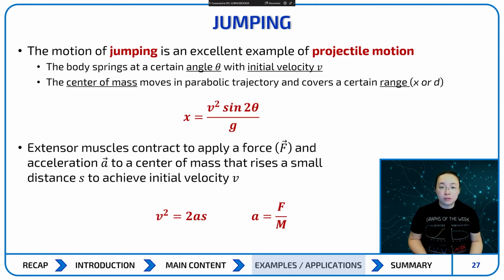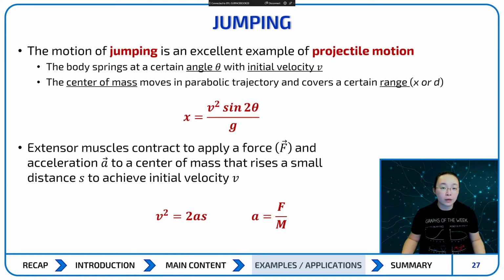Now, extensor muscles: when you're jumping, you obviously have to use your muscles. Extensor muscles are going to contract because you're usually in a squatting position before you jump. They apply a force and acceleration to your body's center of mass and allow it to rise a small distance s to achieve an initial velocity.